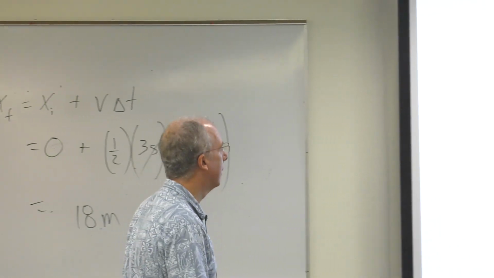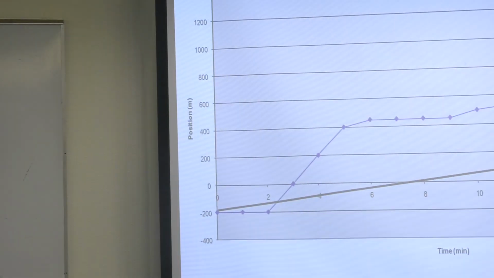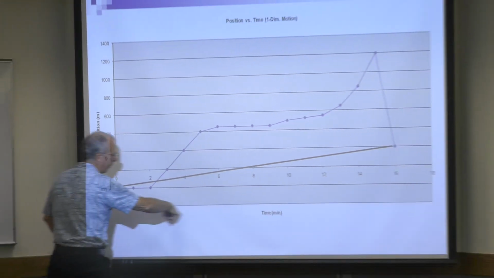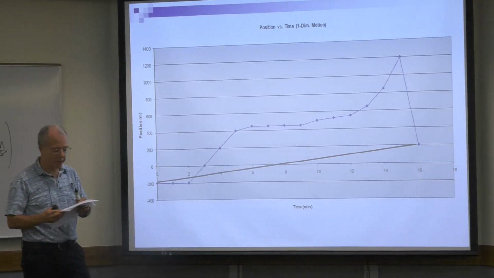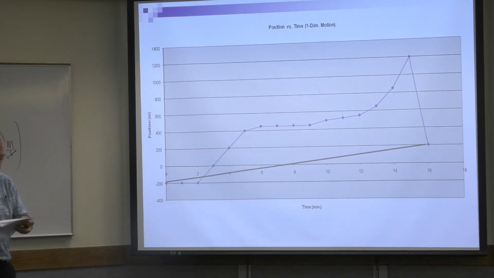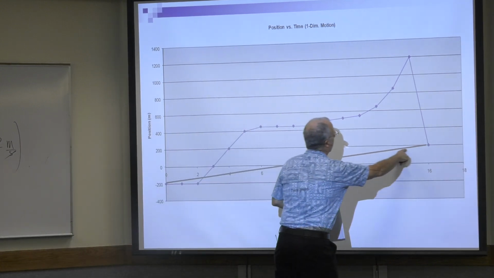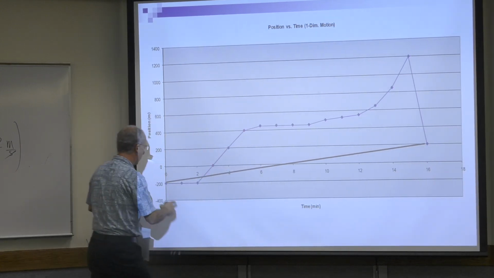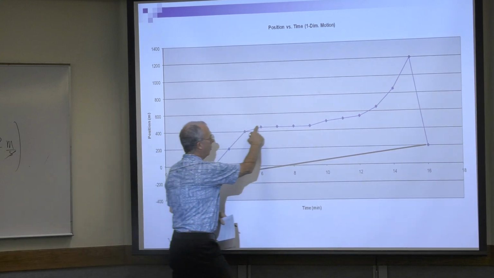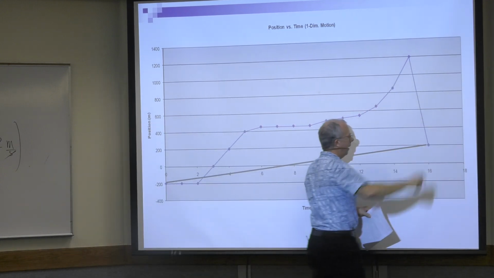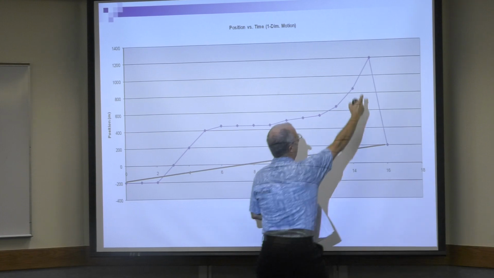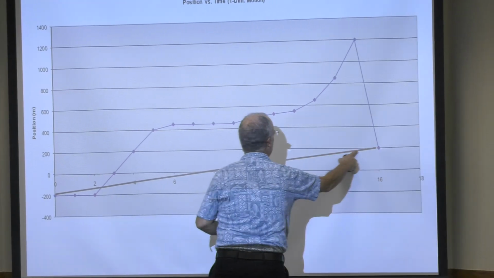Okay, new topic. Again, this is a position versus time graph. Here's the motion of the object. But for whatever reason, down here I just want to draw a straight line.